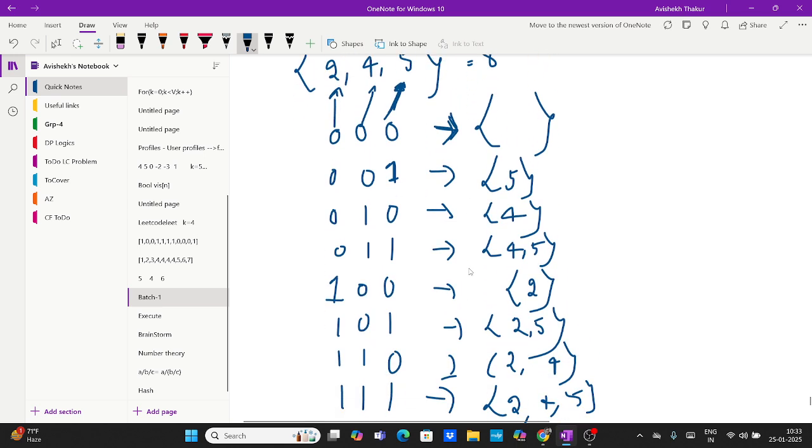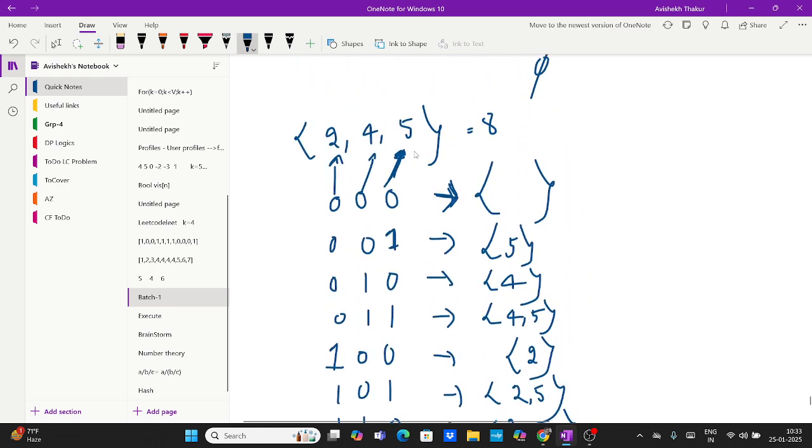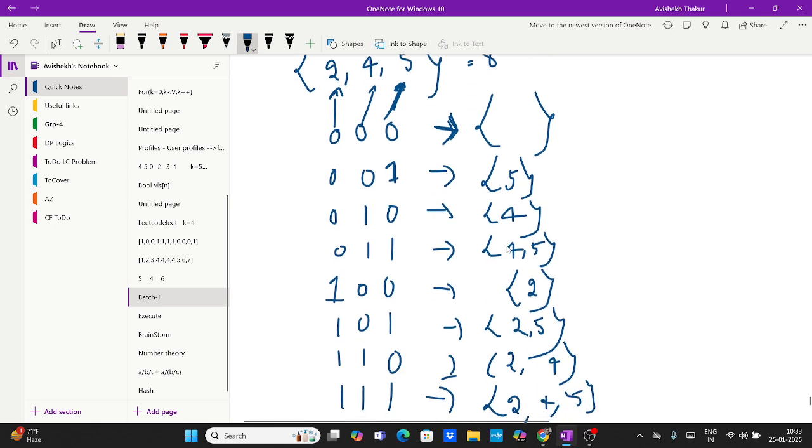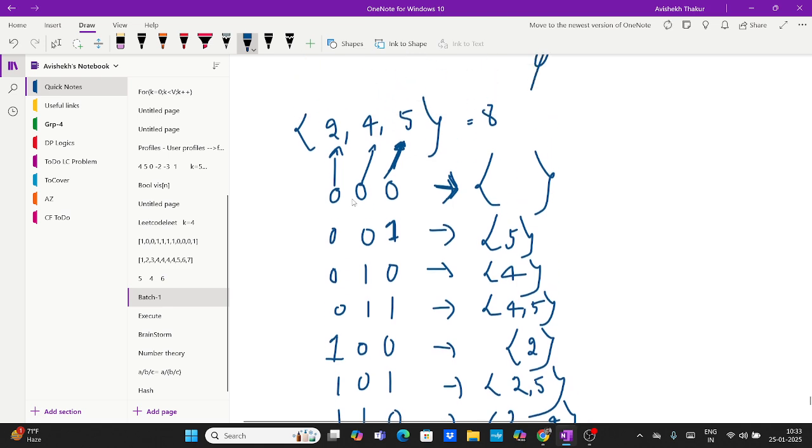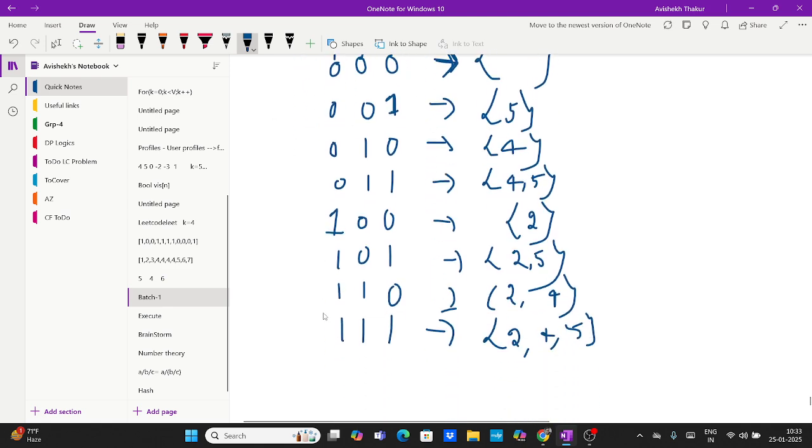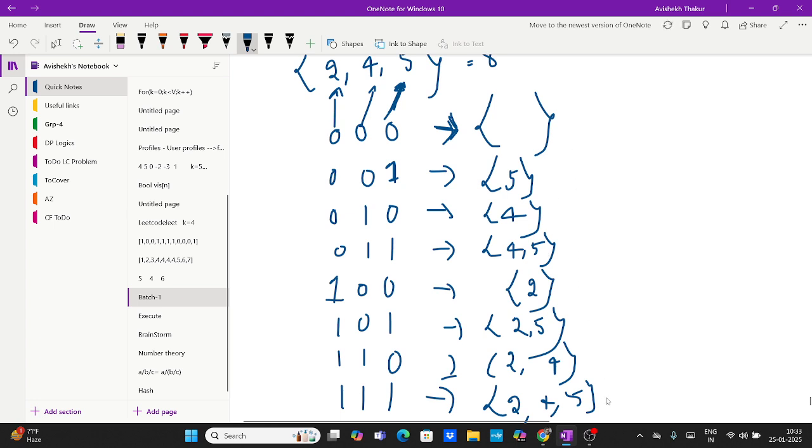Right? In fact, this is a very cool way to represent some information, right? So given a set, you have something which you want to check whether a number is being taken or not. You can just go to a particular bit and check whether it is one or not. If it is one, I will take that. If it is not, I will not take it. So can you see, using a bit mask, you have represented all the subsets.